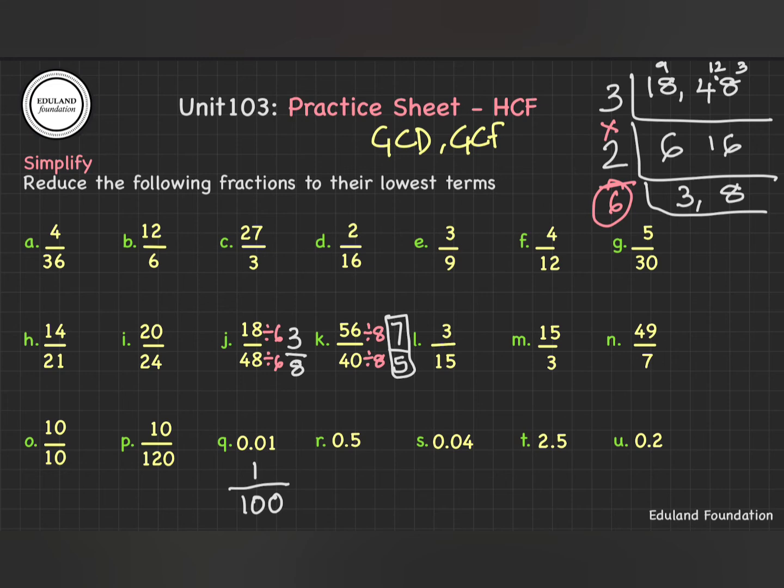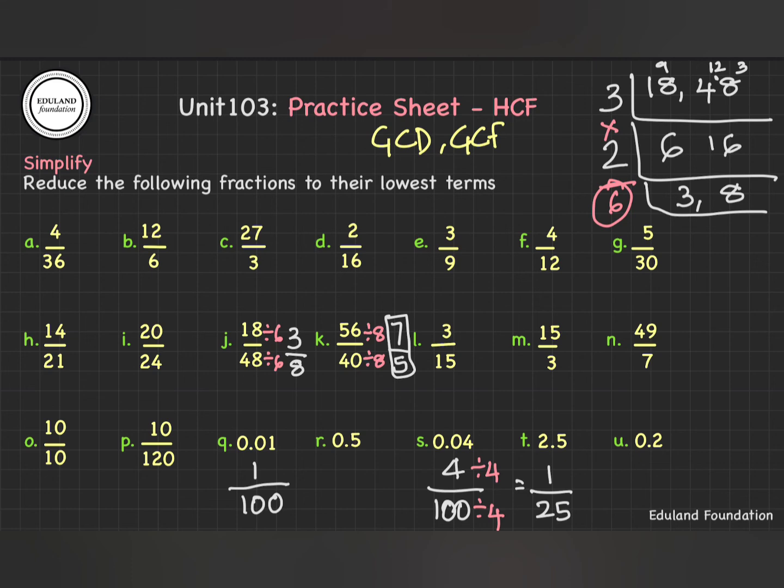Now let's take 0.04, which is 4/100th. So I have 4 by 100. I have a common factor, that is 4 itself, so I'm going to divide them by 4 and I get 1 by 25, because 4 times 1 is 4, 4 times 25 is 100.